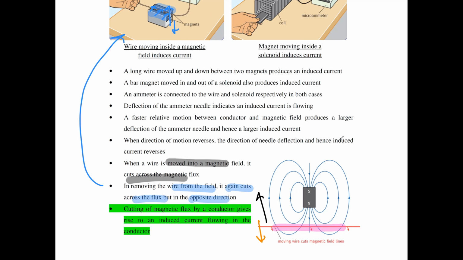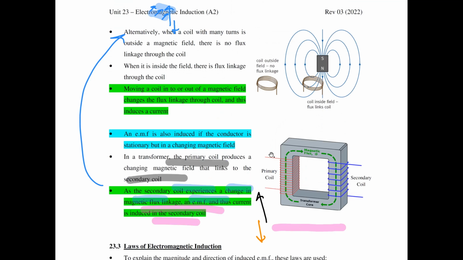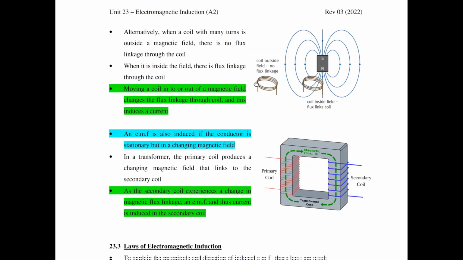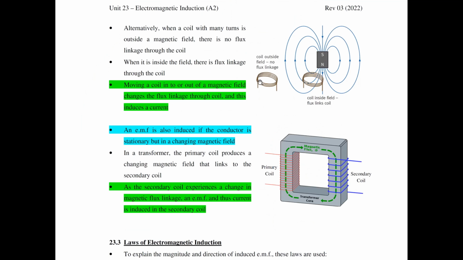So in summary, just know that cutting of magnetic flux by a conductor is what gives you your induced current inside the conductor itself. Then as for the second case, when you're trying to move your magnet into a coil, there is also induced EMF as well as induced current. But this time, rather than saying flux cutting, we talk about flux linkage.